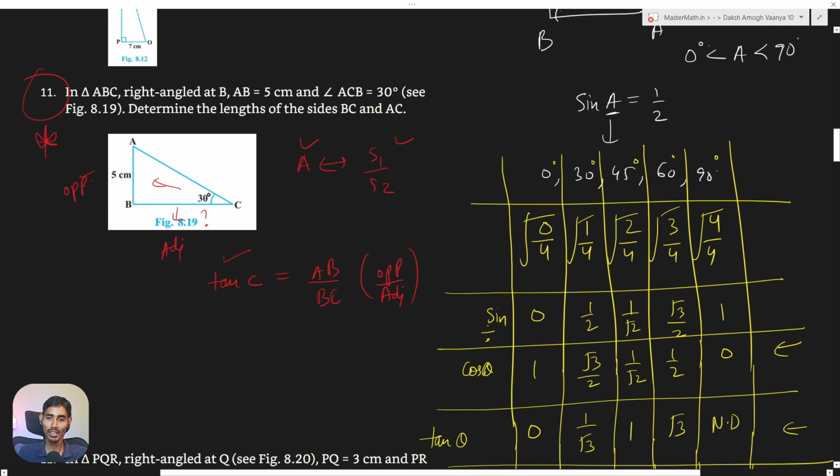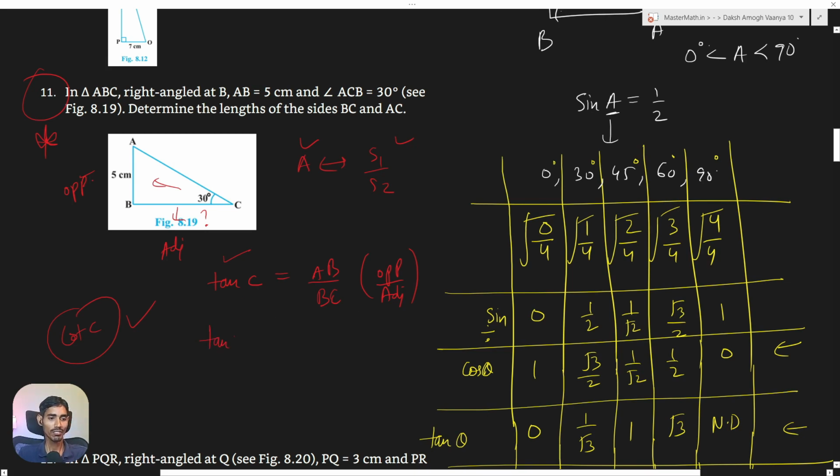Now for those who are wondering, can we take cot C? Yes, we can take cot C. But it's not needed because everything is reciprocal. So just pay attention to sine, cos and tan for these kinds of questions. Sine, cos and tan would be sufficient. No need to twist it, and get the values.